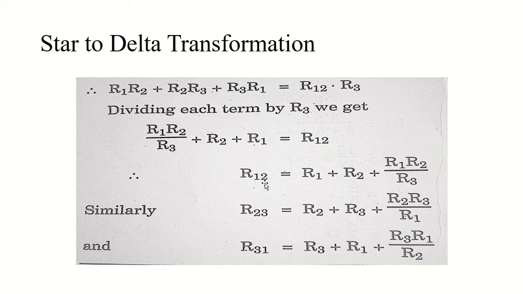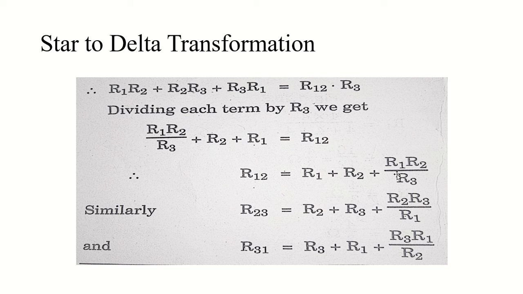If we have r12, what we are doing is taking the summation of r1 plus r2, which means the resistances which are connecting node 1 and node 2. R12 is also the resistance which is connecting node 1 with node 2. So we are taking the summation of those two, r1 plus r2, plus the multiplication of r1 and r2, and we are dividing it by r3. What is r3?